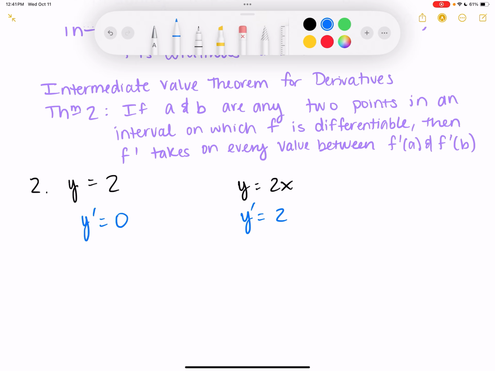I think then they want us to write basically differentiable everywhere except x equals 1, because that's where the point is there. And so that's where the problem occurred.